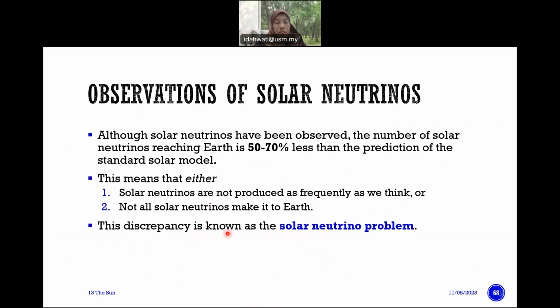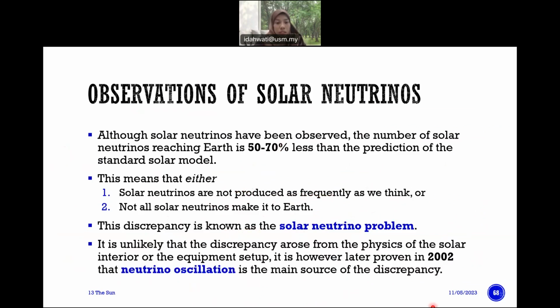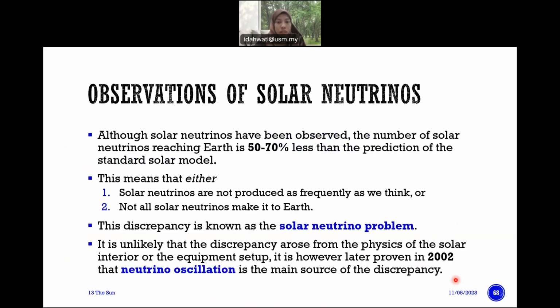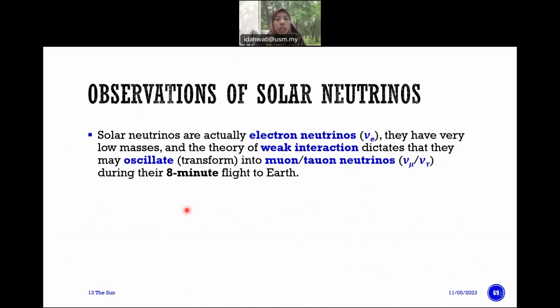The discrepancy is known as the solar neutrino problem. It was proven in 2002 that neutrino oscillation is the main source of the discrepancy.